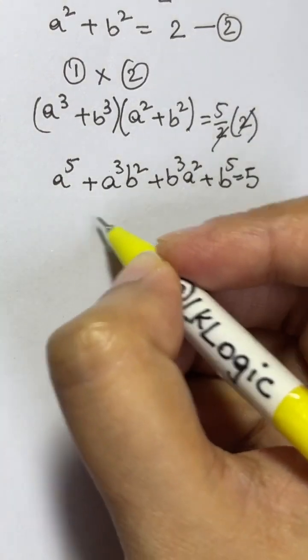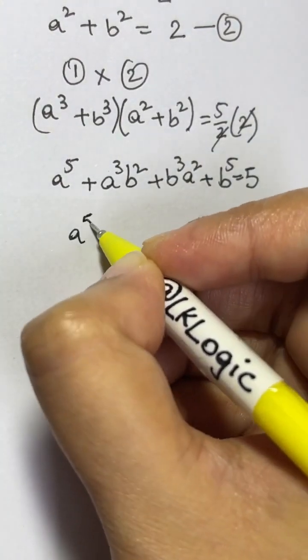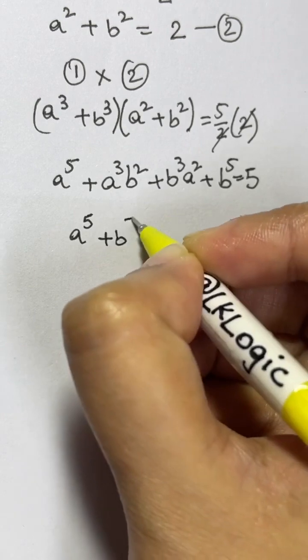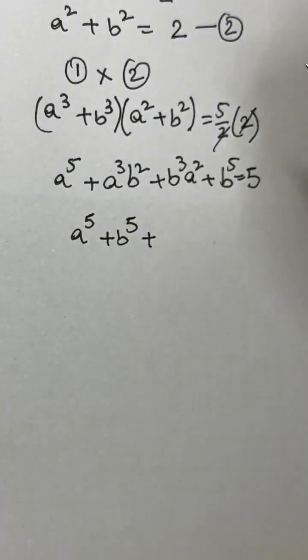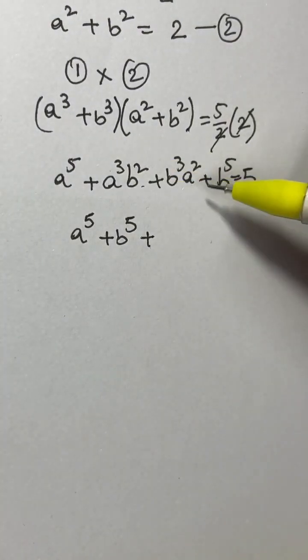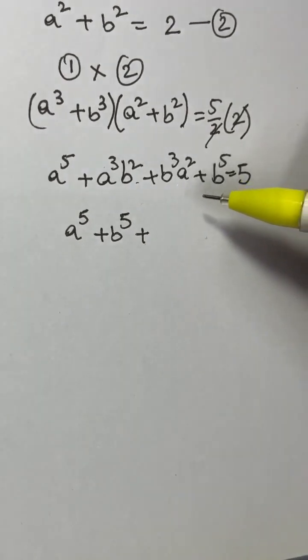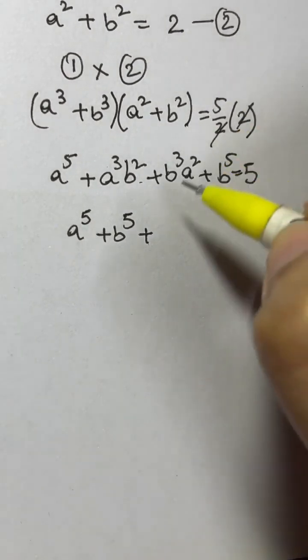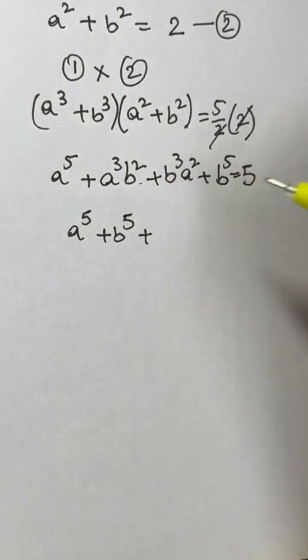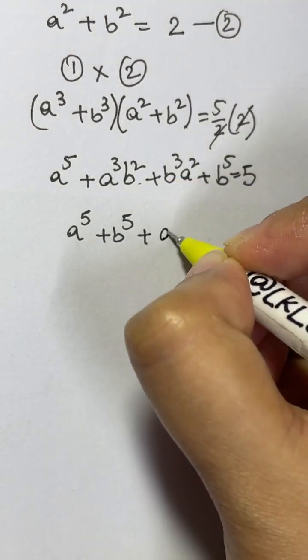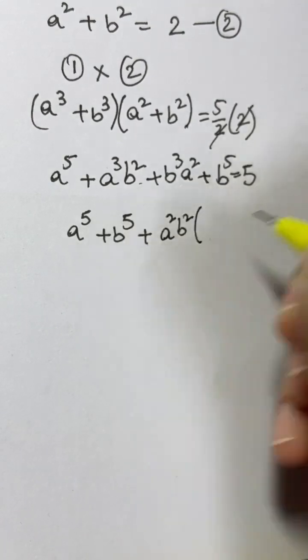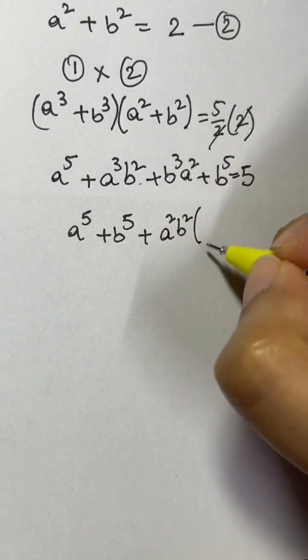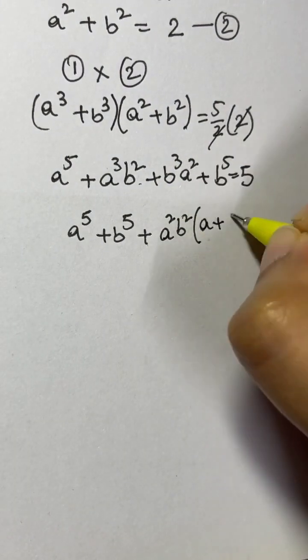Just rearranging things, a to the power of 5 plus b to the power of 5 plus, here I have both a and b, so I can take out the greatest common factor, a squared b squared, from both. I'll take a squared b squared, and what is left is a here and b here.